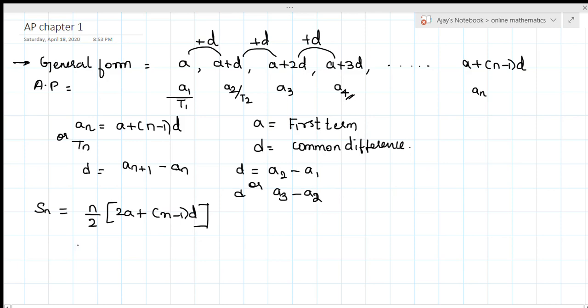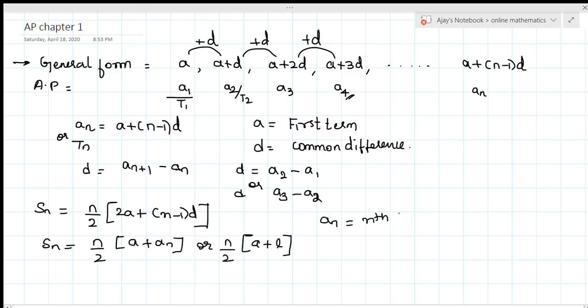And we have another formula for Sn: Sn is equal to n by 2 into a plus an, or we can rewrite this as n by 2 into a plus l, where we already know a is the first term, an is the last term, the nth term. An can be designated as the nth term, or l is also called the last term. It can be asked in any way, so according to the situation we use these two formulas.